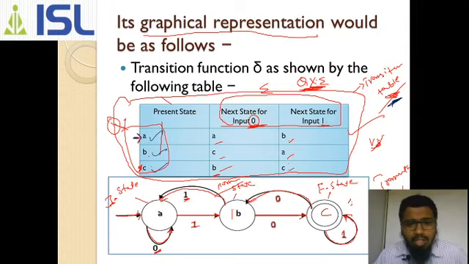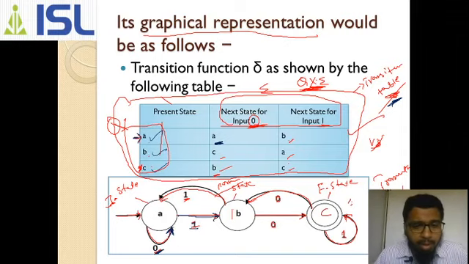So let's see. A is going to A when the input is 0. In the same way, A is going to B when the input is 1.